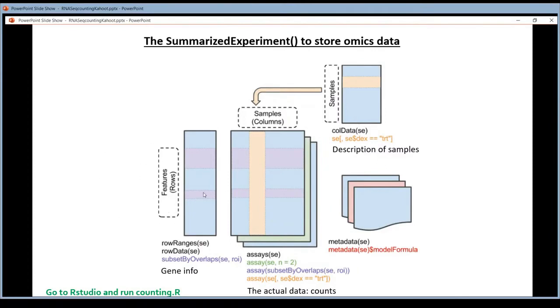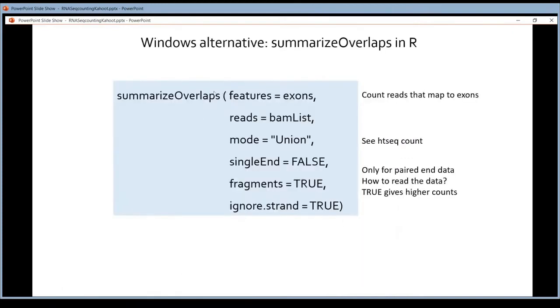If you want to access the gene IDs, so the functional annotation of your genes, you use the rowData function. When you want to access the positional annotation, so the annotation of the exons, for instance, you can use the rowRanges function. To access the metadata, you use the metadata function. So this is what is being generated here by this function.